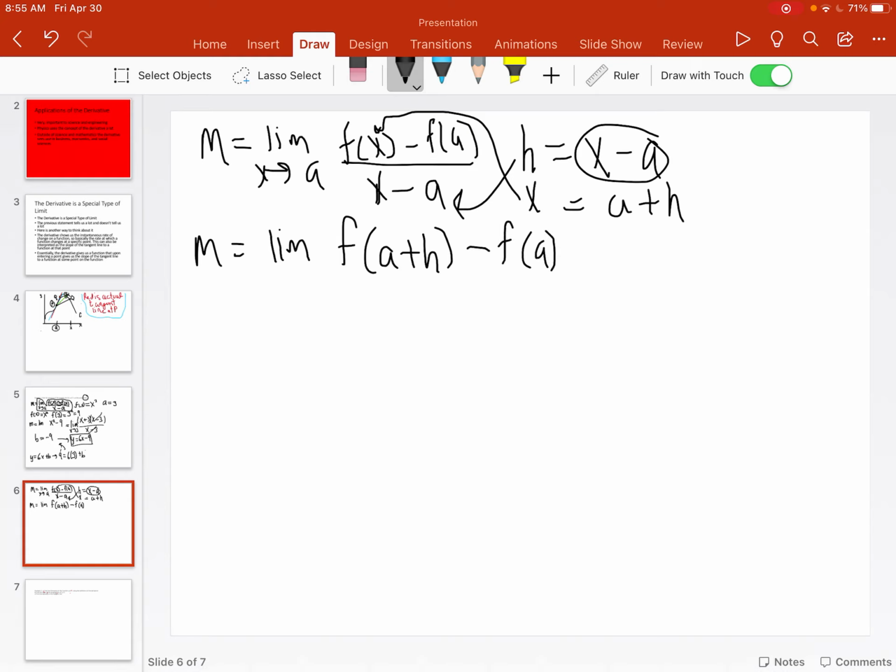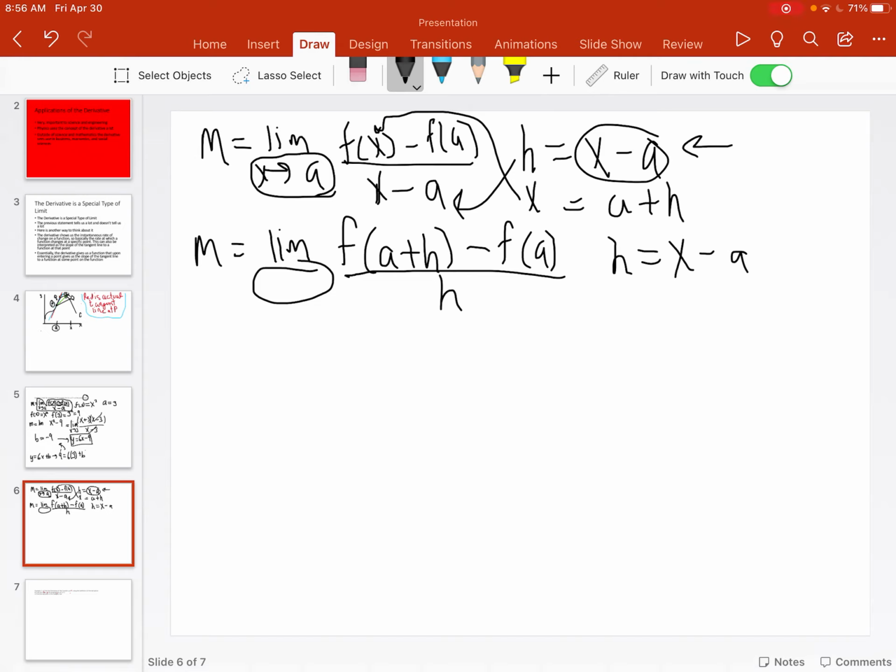Now, a is just a number, and we got h. But what's our limit? What's approaching what? Here we have x approaching a, but we just replaced x everywhere. There's no x in the equation, so what's approaching what? Well, for x to approach a, look at this expression closely: x minus a.